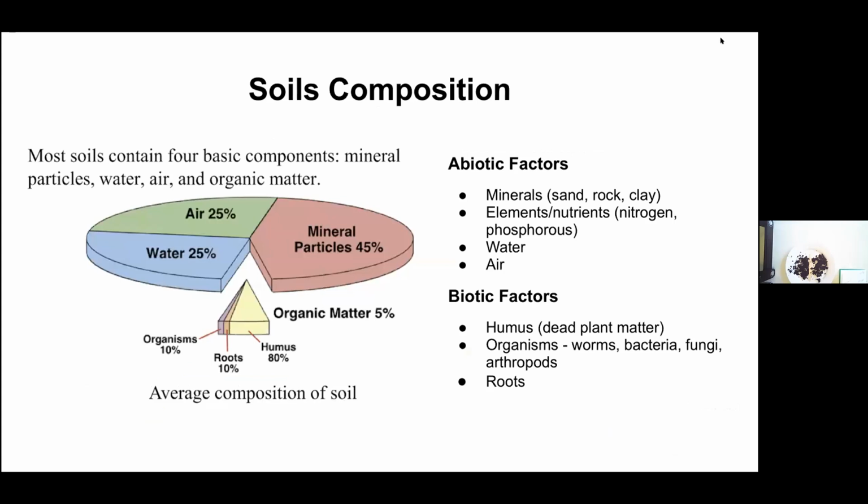And then just to wrap this up, this was an interesting graph that Betsy found. And I was actually kind of amazed at this. What's in soil? It turns out that a very small part of soil is actually organic matter, 5%. And of that 5%, only 10% of the 5%, which is 0.5%, less than a percent, is living organisms. So soil is mainly abiotic.